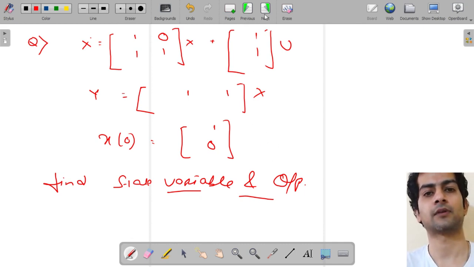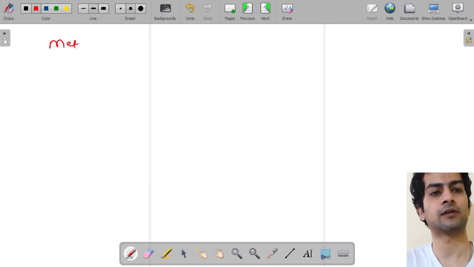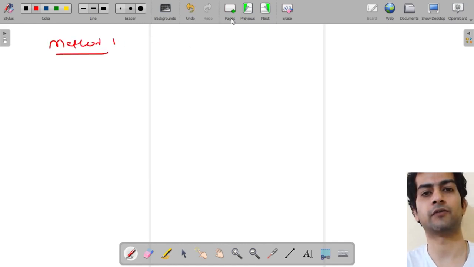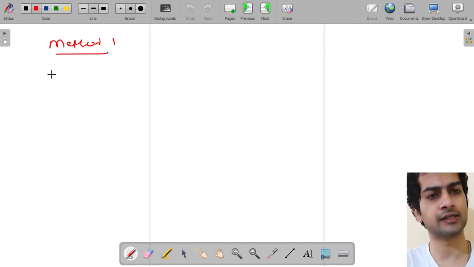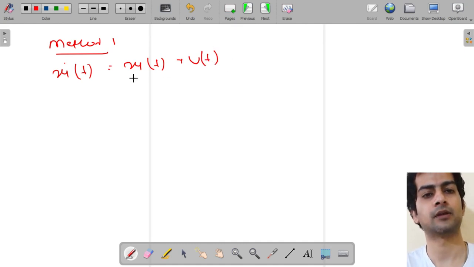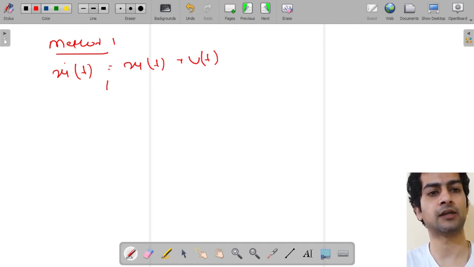So let's see. We will start with method 1. If we expand it, we will get x1 dot(t) is equal to x1(t) plus u(t). Now take the Laplace transform.